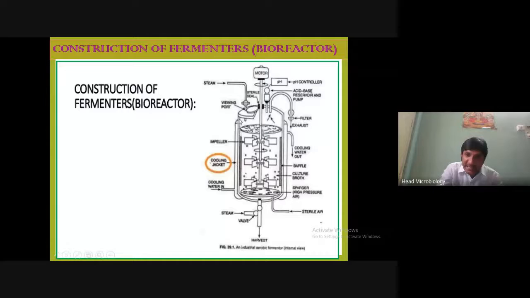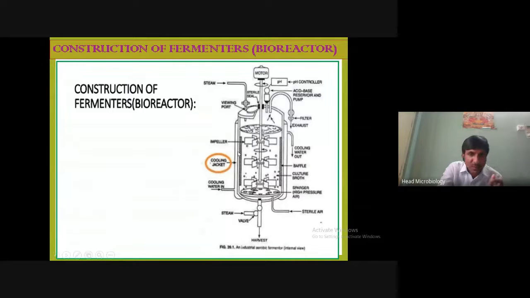In fermenters, many parts are there like pH, motor, temperature, steam, and water outlet, as well as spargers, impellers, and baffles, any number of them.